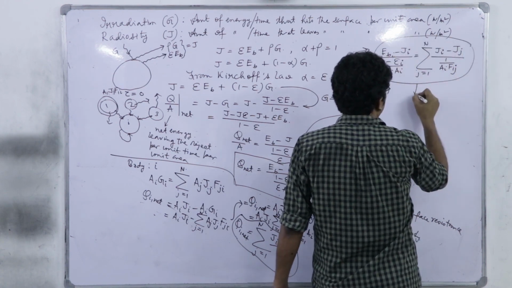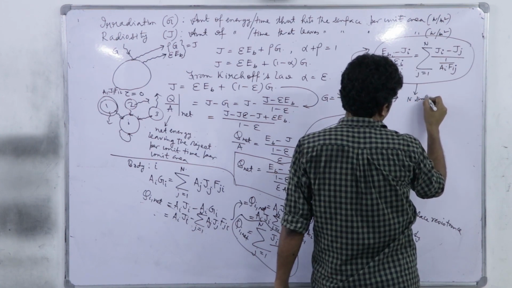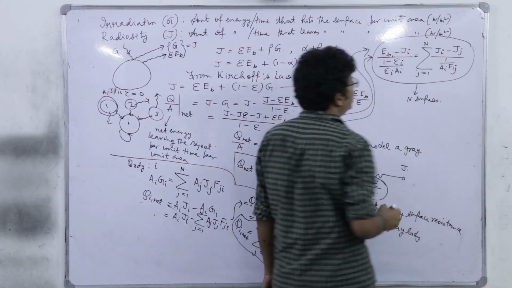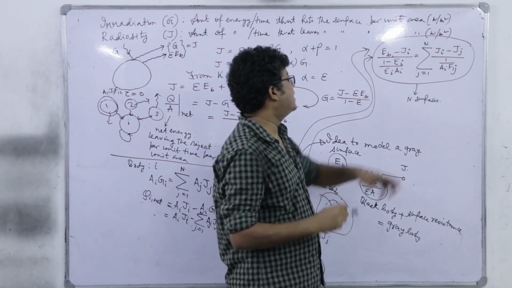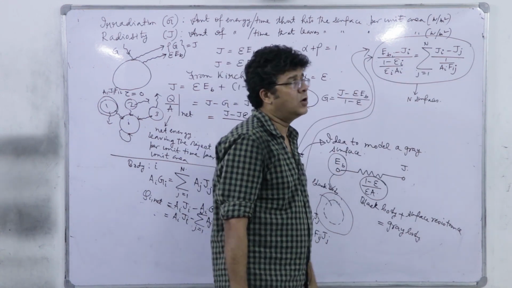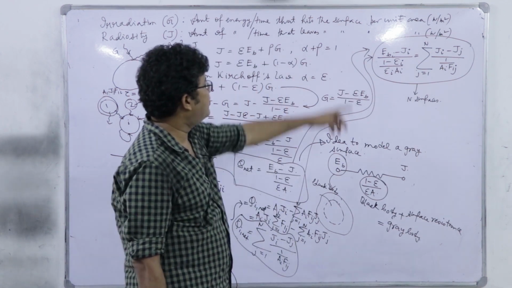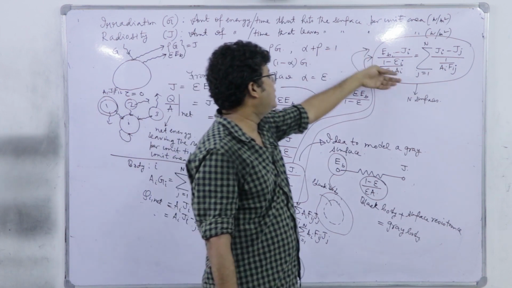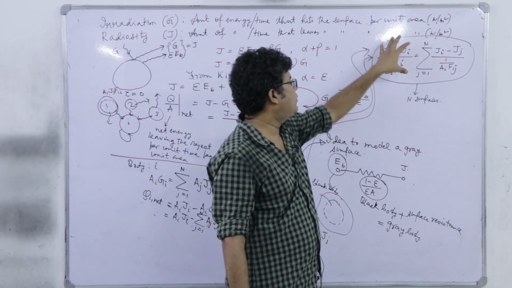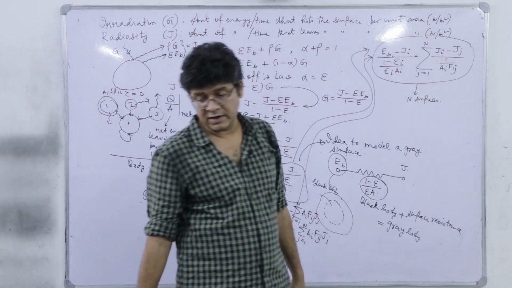So for n surfaces we can get n equations, and there are n unknown radiosity values, that is J1, J2, J3 up to Jn, which we can solve for and calculate this Qi net.